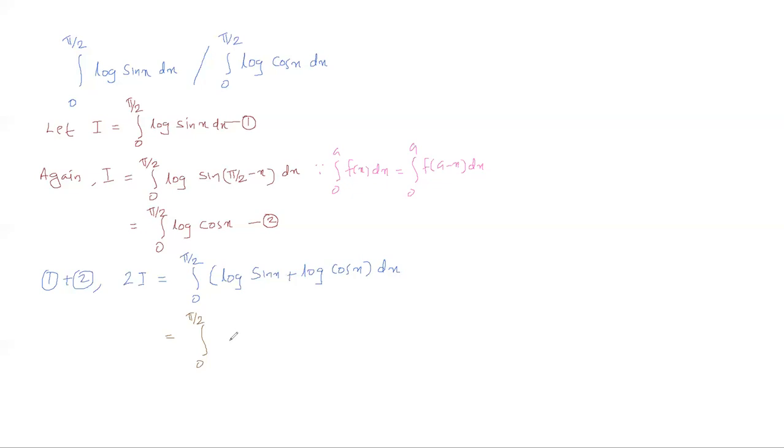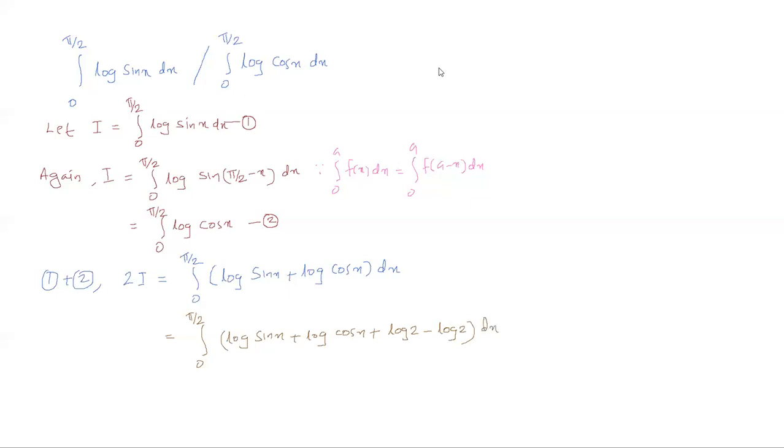I can write this as log sin x plus log cos x plus, I'm just going to add log 2. So log 2 was not there, so I subtract log 2 also, dx.